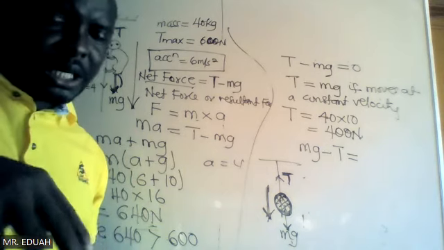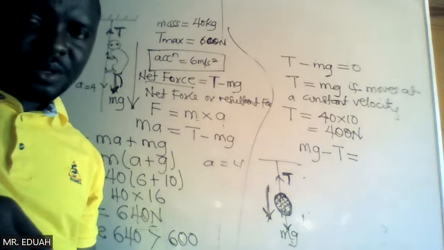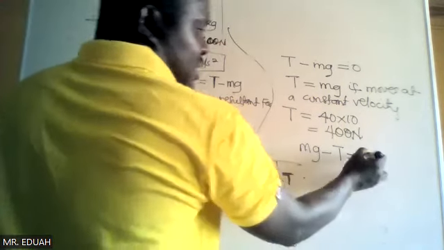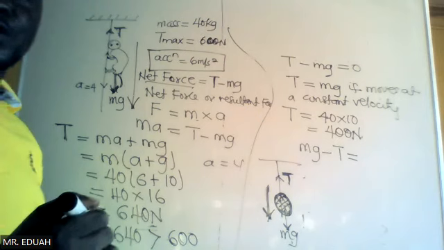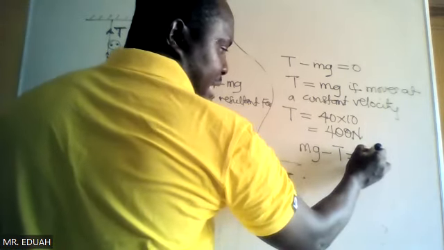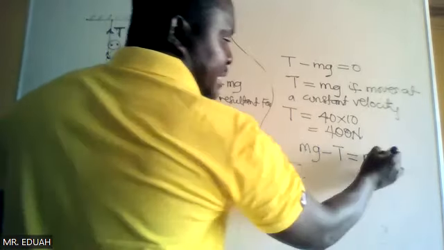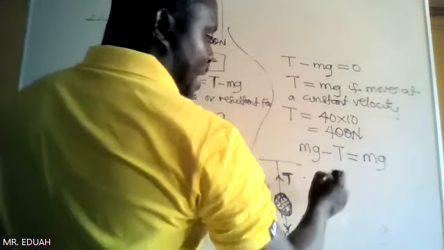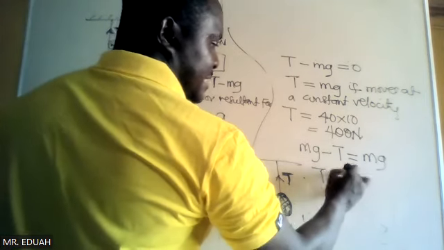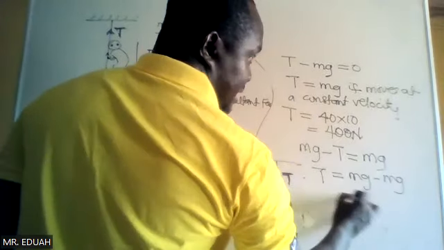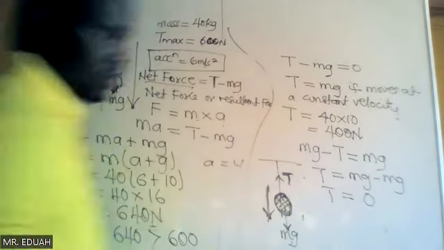Gravity, the force of gravity. How do we calculate it? The mass of the body times the constant acceleration due to gravity. So we have T is equal to mg minus mg. So the tension in this case is equal to 0.